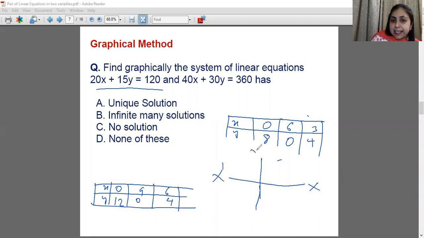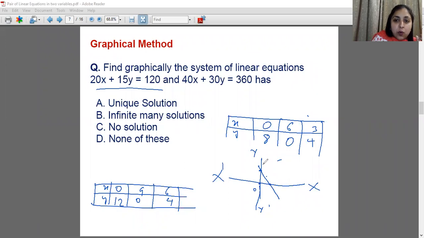The horizontal axis is the x-axis and the vertical one is the y-axis. This is my origin, 0, 0 coordinates. Now, let us plot this. If x is 0, then y is 8, the point will be here. If y is 0, x is 6. If x is 3, y is 4. So this is my graph of the first equation.